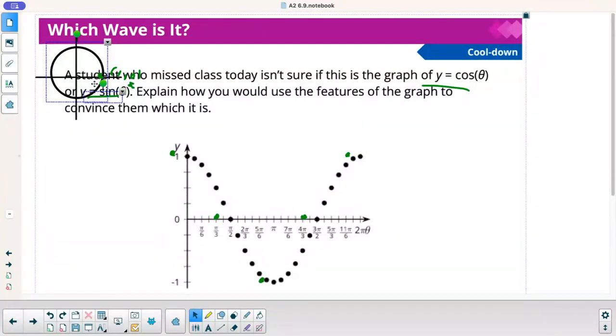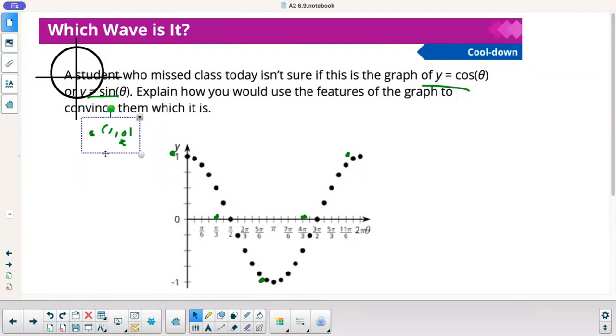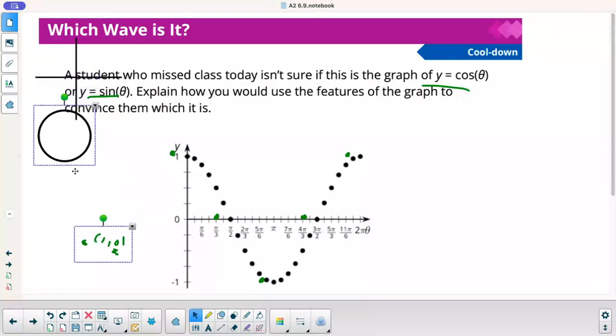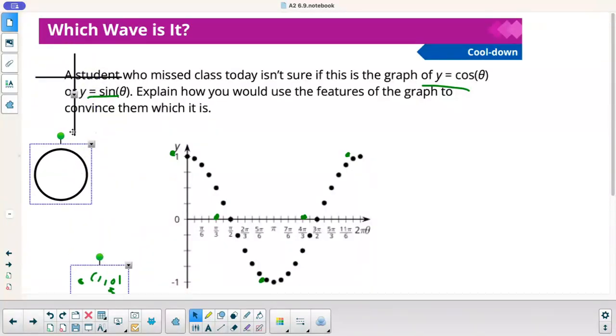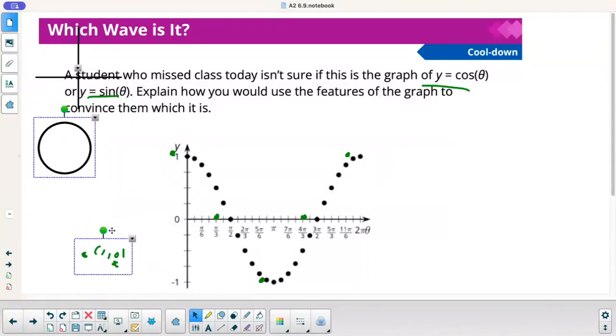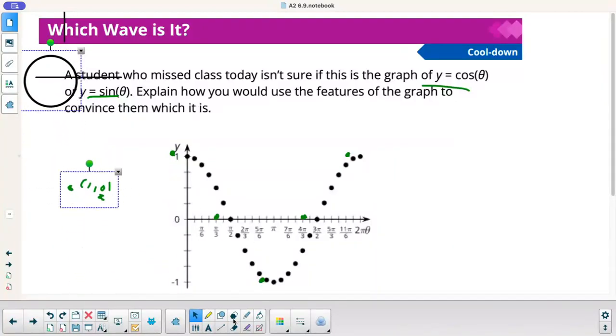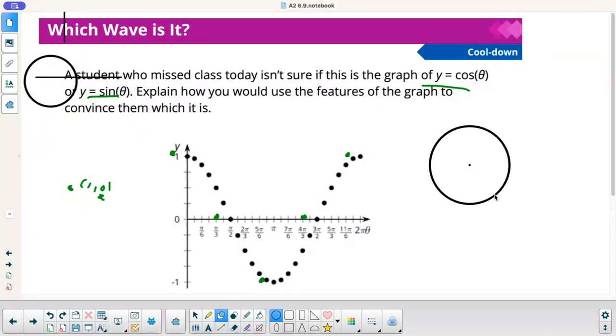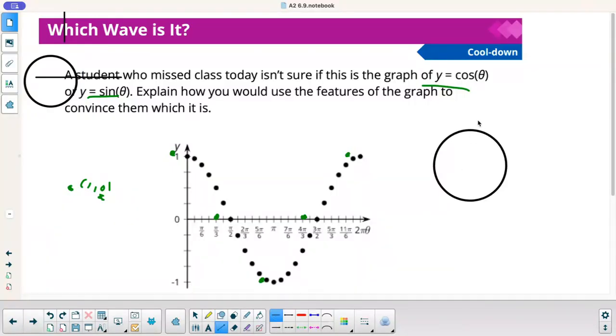I don't know why it's doing that. All right, well, forget that. Let me go back here. Let me draw a new one. So I got my unit circle right here.